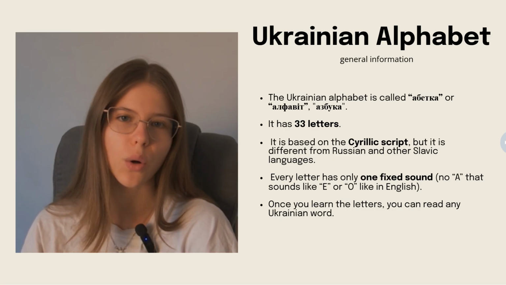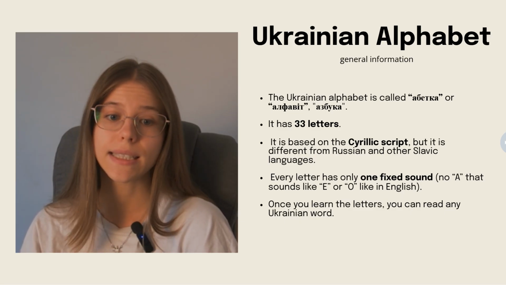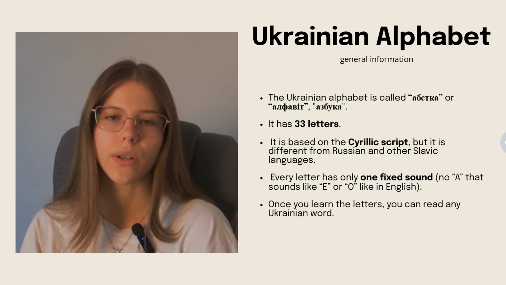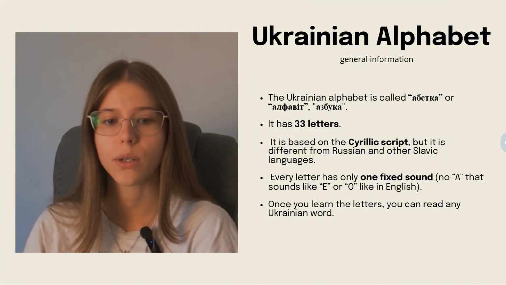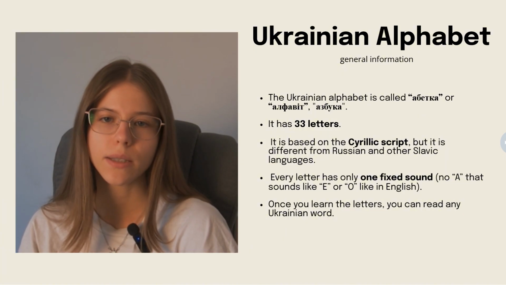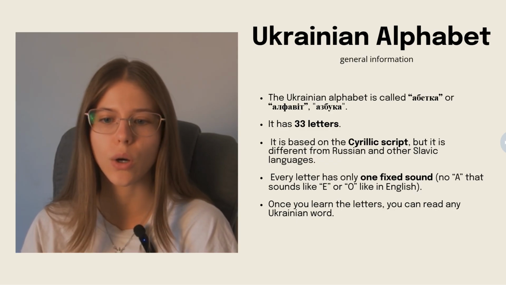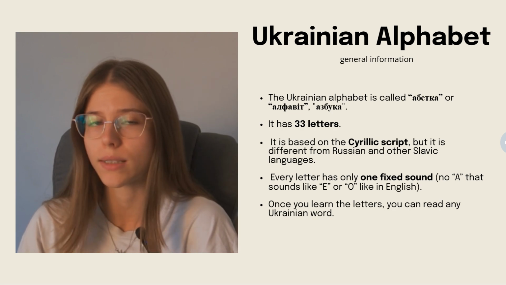It can be soft or hard, but the same sound. That's different from the English alphabet. For example, the letter A we will always pronounce like A, no matter where it is in the word. Each letter has one fixed sound, and once you learn the letters, you can read any Ukrainian word because of this.